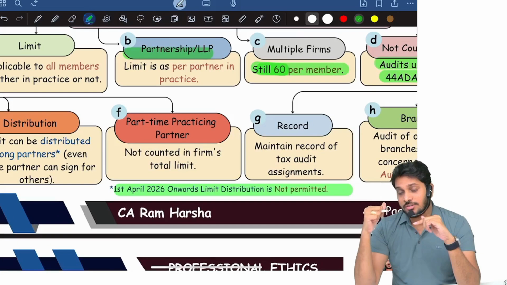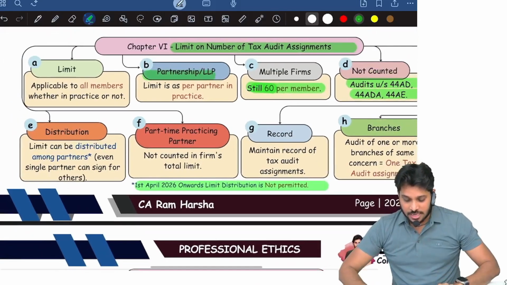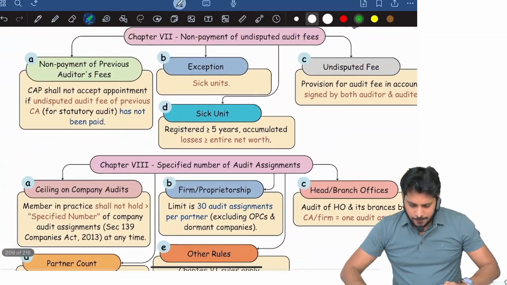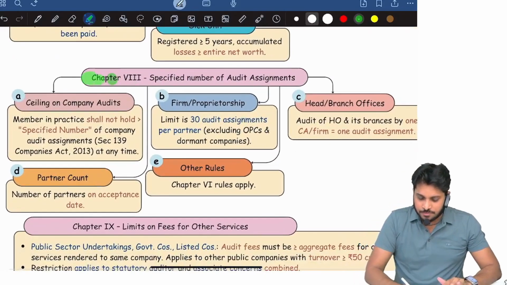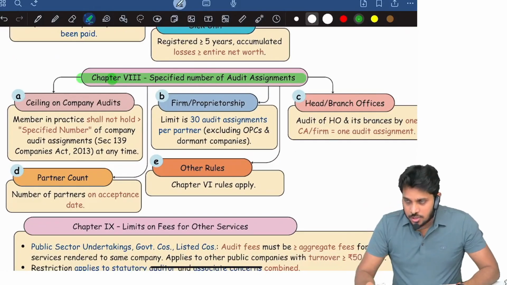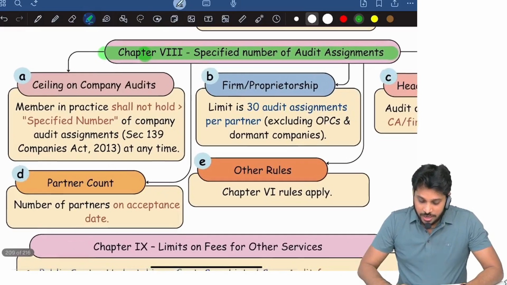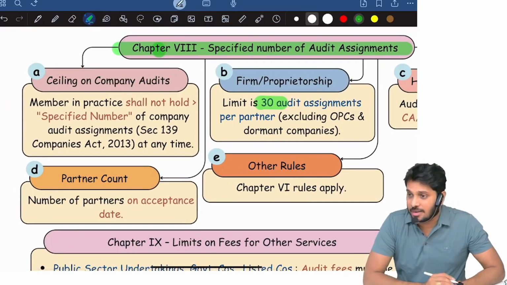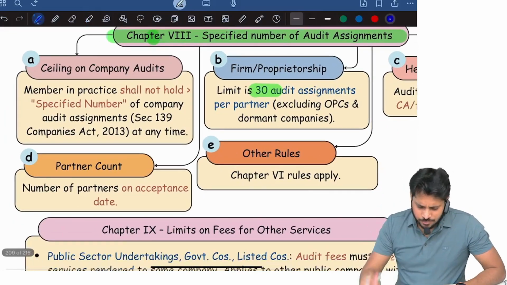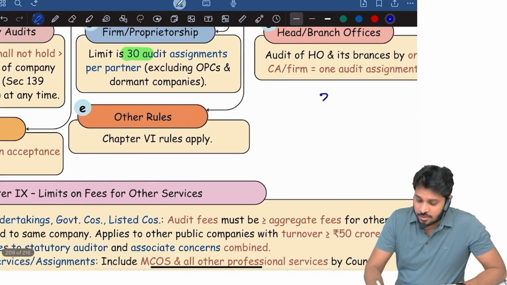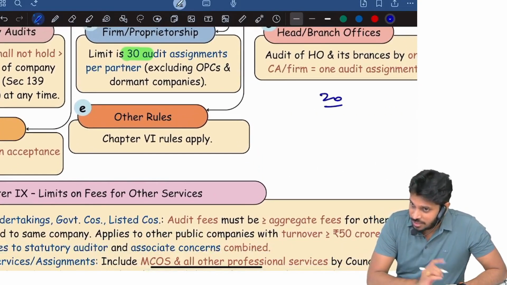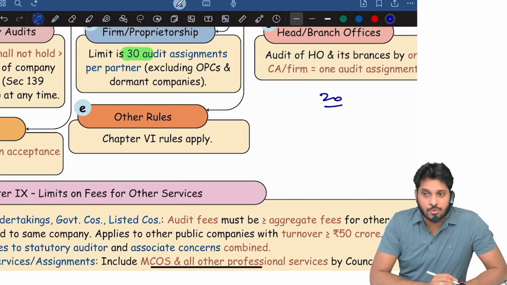So the restriction on ceiling limit for company audits, that also we will see now. Specified limit on specified number of audit assignments. How many audit assignments can you do? Maximum 30 company audits. Remember, we have an audit ceiling in the Companies Act where it says 20 per member. A member cannot sign more than 20 companies.